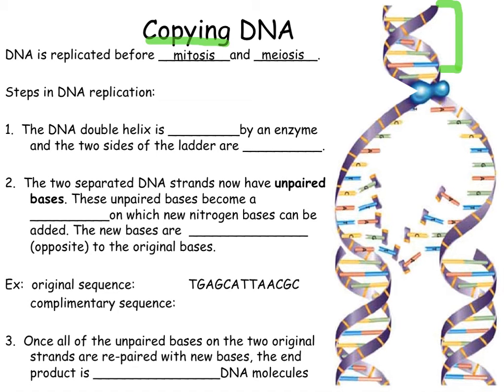So let's begin by remembering that the DNA double helix is really two strands, two sides of a molecule that are put together by nitrogen bases in the center. These are two different nitrogen bases on each rung that are bonded to each other to keep the two sides of the molecule together.